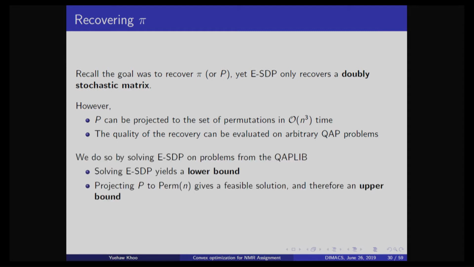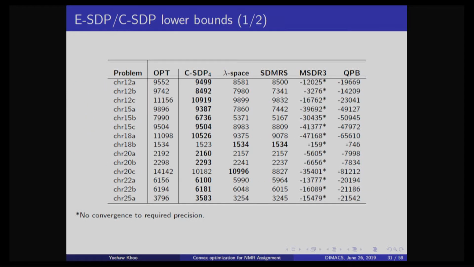Now I'm going to show some results. I'm selecting sparse examples from the QAP library, and we're essentially competing with the eigenspace method proposed in 2016. All these are convex relaxations that involve size n squared by n squared matrices.